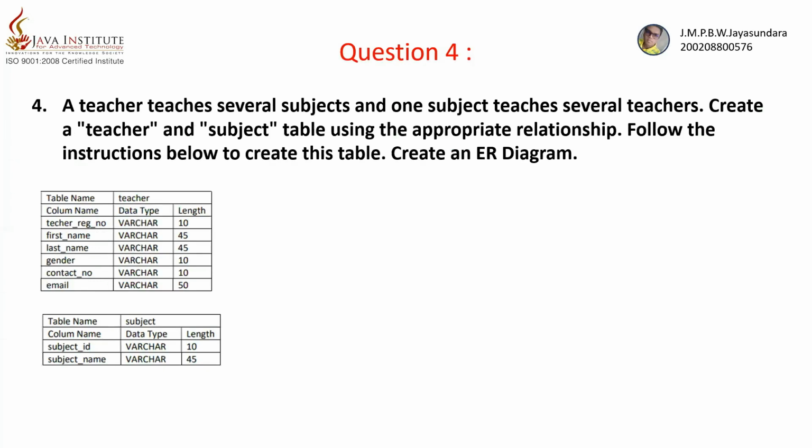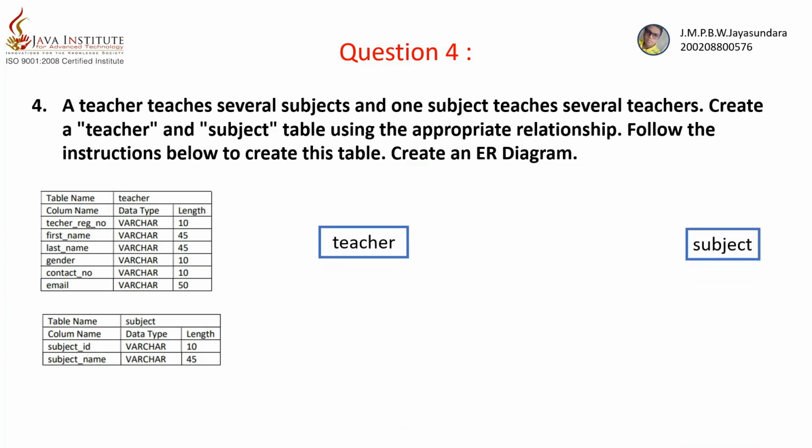In our fourth question, it says a teacher teaches several subjects and one subject is taught by several teachers. Create a teacher and subject table using the appropriate relationship. Follow the instruction below to create this table. Create an ER diagram. Here we have our instructions for creating teacher and subject tables.